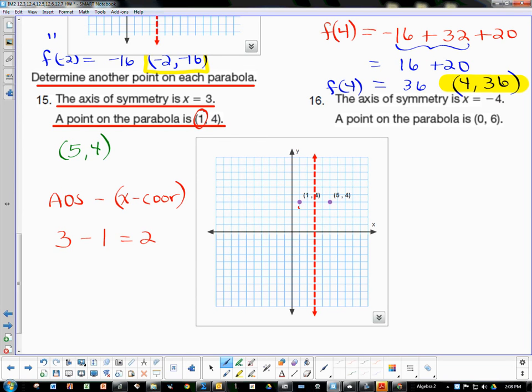You can see that this is the distance of 2. So all we have to do is go 2 in the other direction right here. That would mean, let's take our axis of symmetry, 3, and let's add that distance, and that's going to give us 5. And it's of the same height. Notice it's the same height over here. It's 5, comma 4.